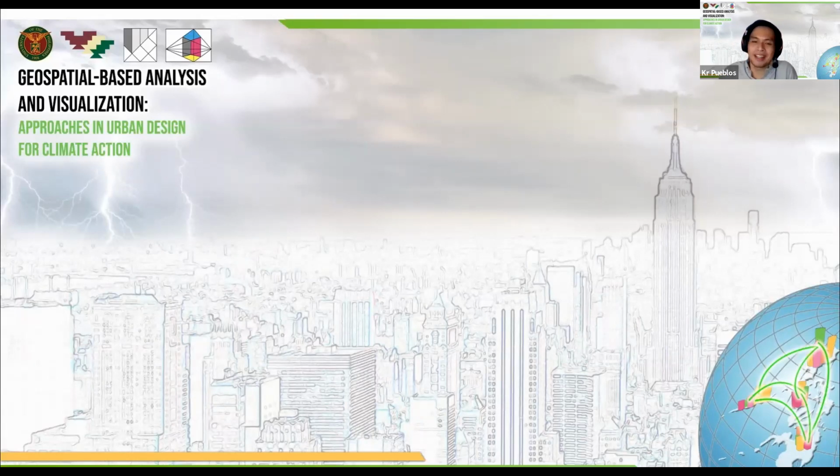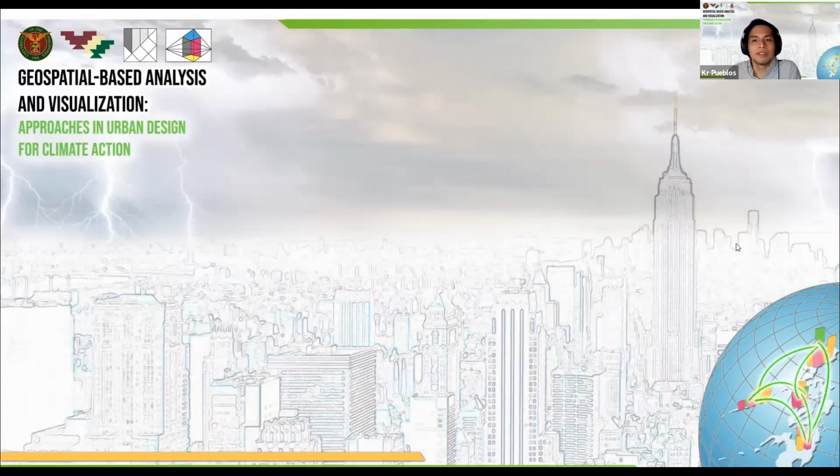Dr. Salvacion a while ago noted how hobbyists are into mapping nowadays, and I would consider myself one of those. And later, I would like to show you some of the different ways I've used that to encapsulate what I think urbanism is about and urban design in the 21st century.